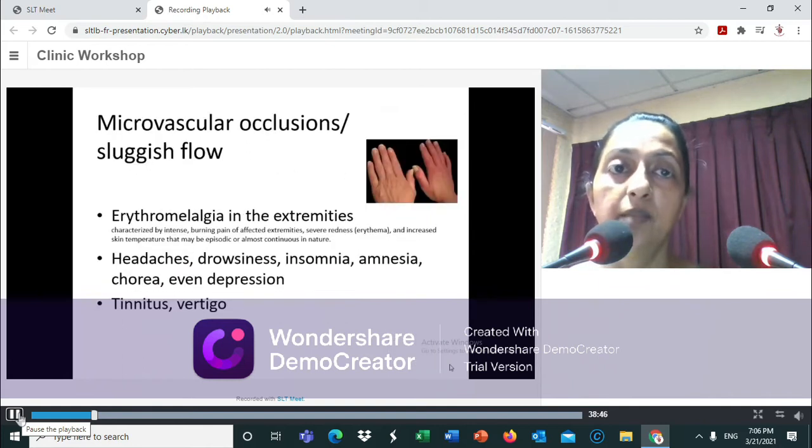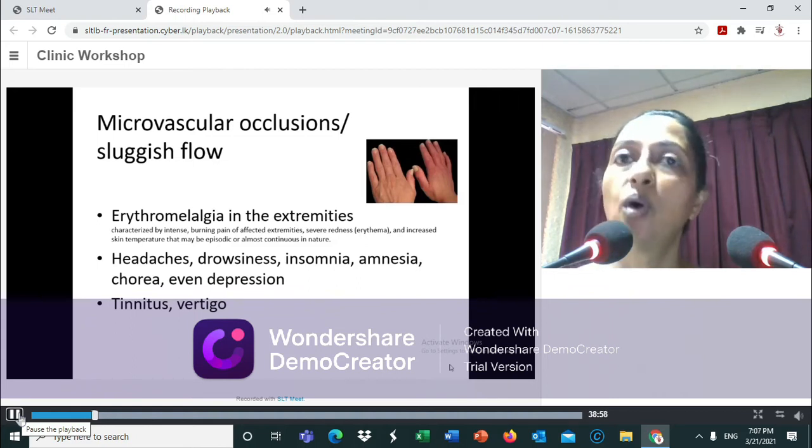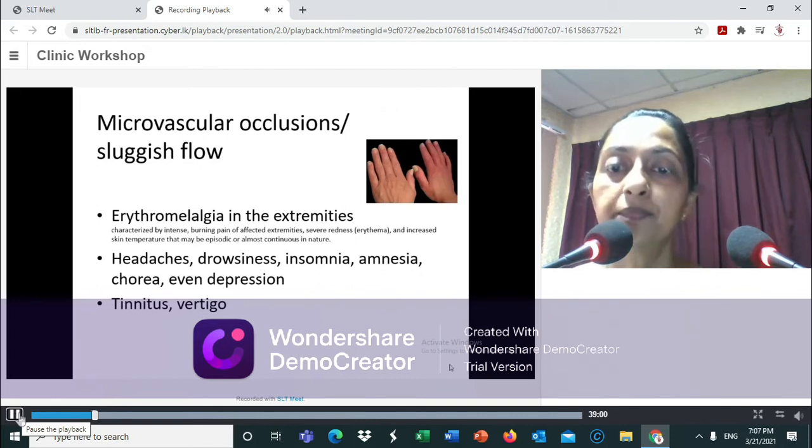Then microvascular occlusions, erythromelalgia, where there is intense redness, pain, and warmth of the extremities, which might persist or can be episodic. That is called erythromelalgia. That is a feature of polycythemia vera.